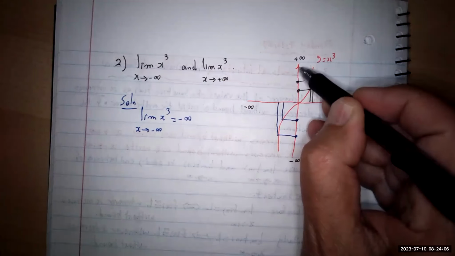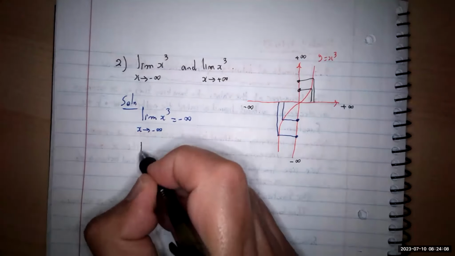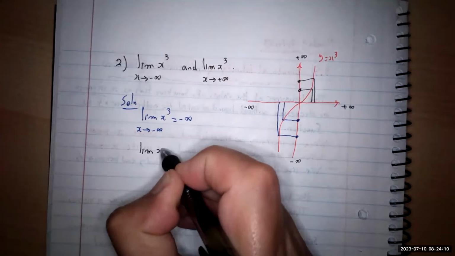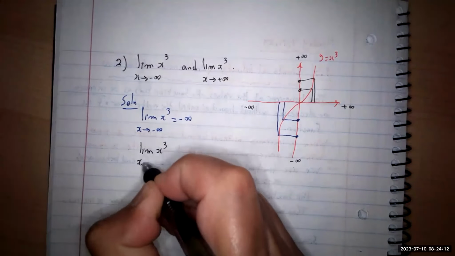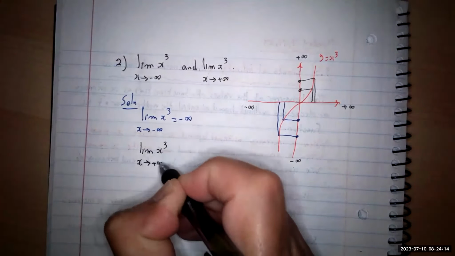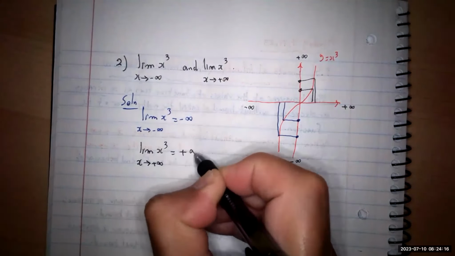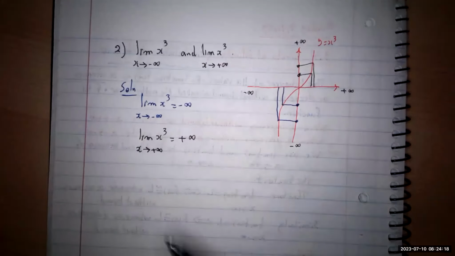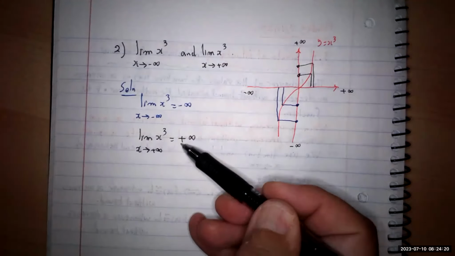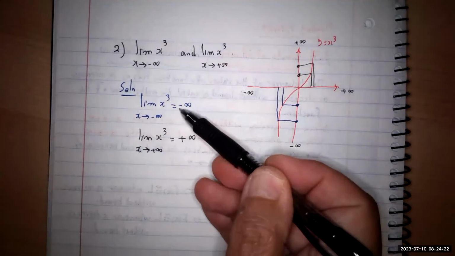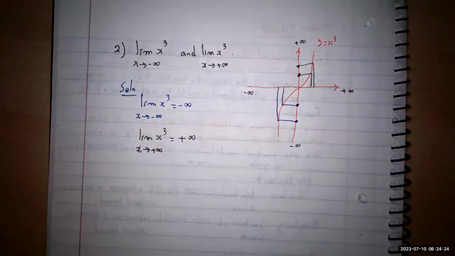So the limit of x cubed when x goes to positive infinity is equal to positive infinity. A positive to the third power is positive, and a negative to the third power is negative, as we did. Any question?